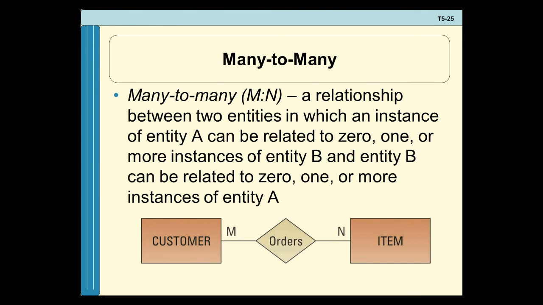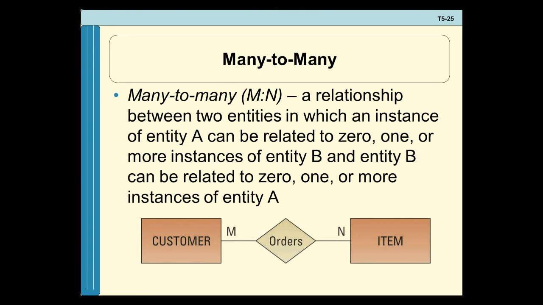And here's an example of a many-to-many relationship where you could put in M for many, or you could put an N for any number. And of course, any number, that's what the N stands for. So this customer could order any number of items, and any number of items is ordered by many customers. So see, it works well reading it from left and right.